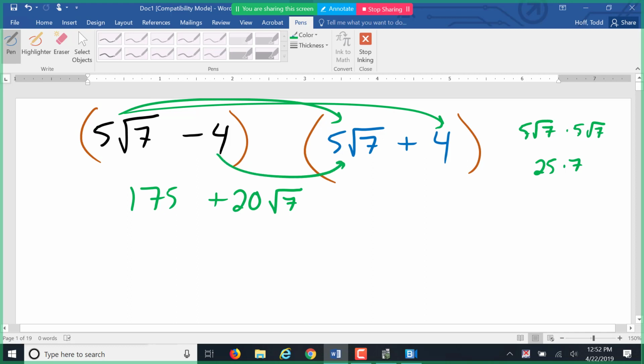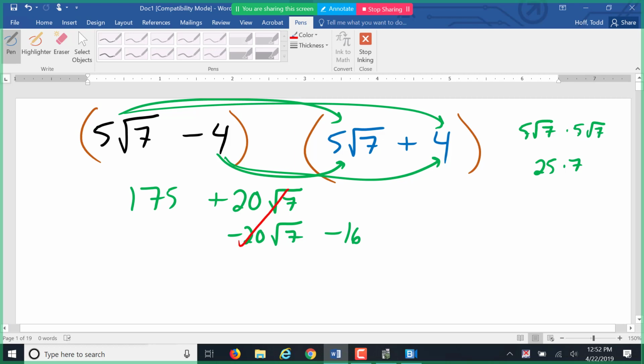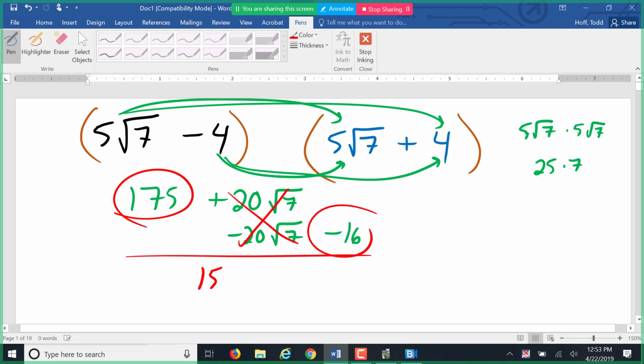Negative 4 times the 5 square root of 7. Negative 4 times 5 is negative 20 times the square root of 7. And negative 4 times positive 4 is negative 16. And we notice positive 20 and negative 20 square root of 7 cancel out. 175 and negative 16 makes 159.